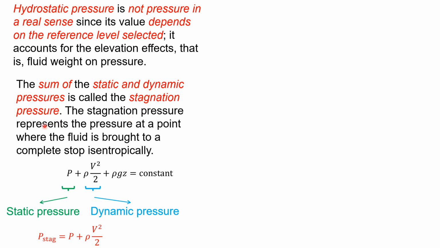The stagnation pressure represents the pressure at the point where the fluid is brought to a complete stop isentropically. Because for both static and dynamic pressure, you need to stop the flow and then measure. So you can call it stagnation pressure. Stagnation means no movement, no changes.